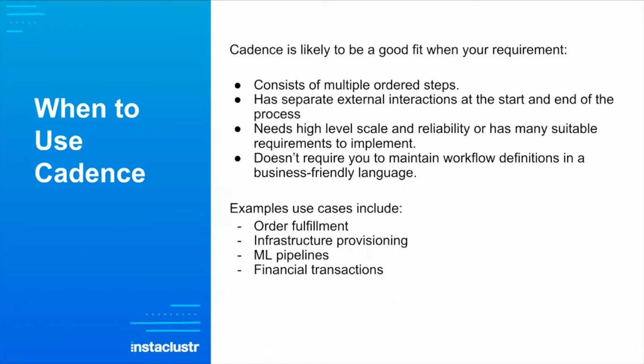If your requirement is just to do one thing, then possibly just a Kafka consumer reading off the queue will do, or if it's to do multiple things and that can happen in parallel and the ordering doesn't matter, then multiple Kafka consumers may well be an easier architecture to use, with less overhead, and meets that need. But if you have the multiple ordered steps, then Cadence will certainly make it easy to get those steps in order and do that. You probably want separate external interactions at the start and end of the process.